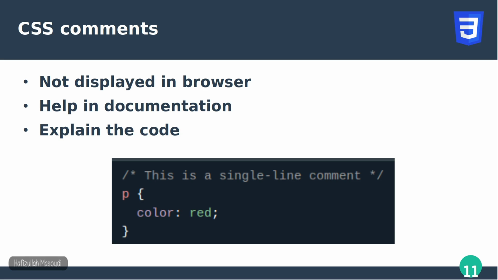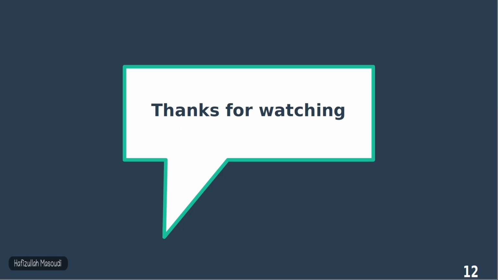As it says, this is a single line comment. So if you want to create multiple line comments, you can just press enter inside the comment block, and it will become a multiple line comment.